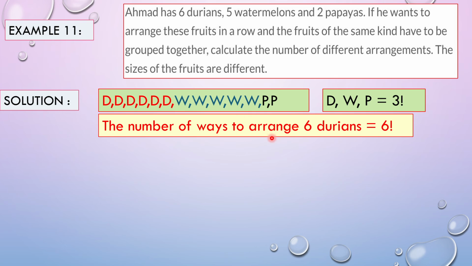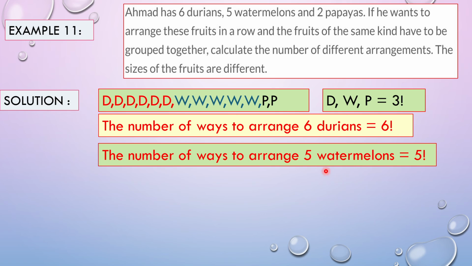Now we need to arrange the 6 durians. So the number of arrangements for 6 durians will be 6 factorial. Same thing for watermelon. We have 5 watermelons, watermelon 1, watermelon 2, watermelon 3, watermelon 4, watermelon 5.